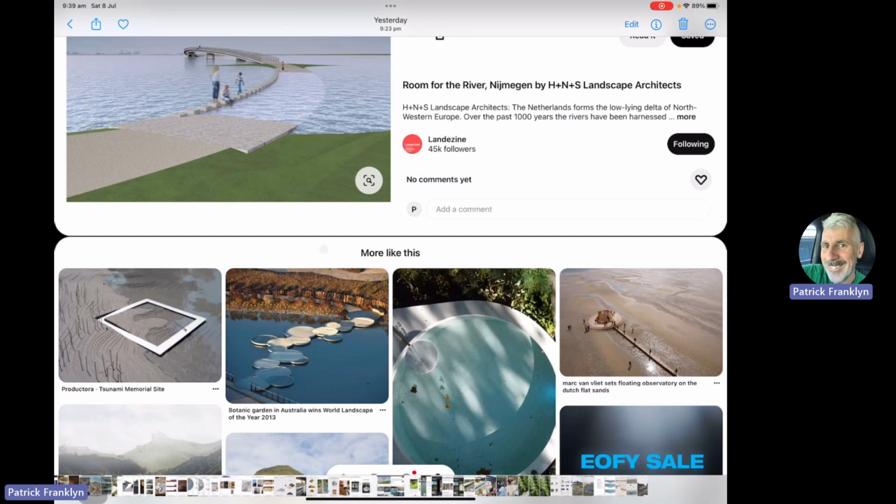I'm moving around here. I was just grabbing some images and popping them in. This up the top is off my Pinterest, and it's a Room for the River image, but certainly this idea of where you may have what Astrid talked about as a dual system, a wet and dry design system.